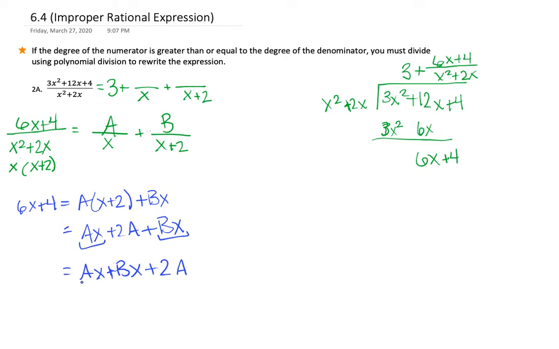And I'm going to factor out my x, so I have A plus B, and then I have my constant of plus 2A. I'll bring down my numerator, the left side of my equation here, and my A plus B, which is what's being multiplied to my x, has to be equal to what's being multiplied to my x over here. So A plus B has to equal 6.